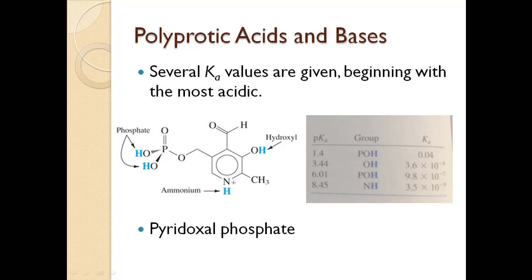For example, this pyridoxal phosphate is given in its fully protonated form, as you see right here. The pK1, so for that first hydrogen right there, has an acid dissociation constant of 1.4.